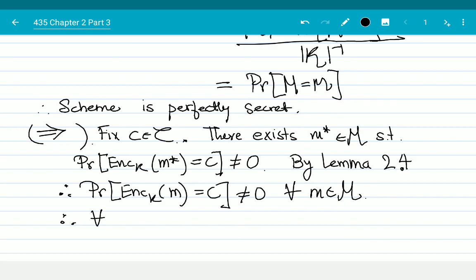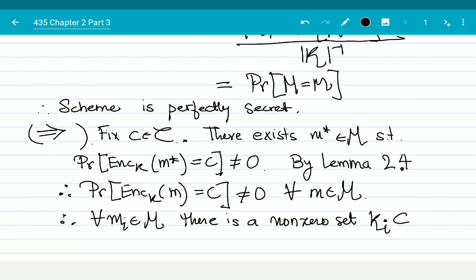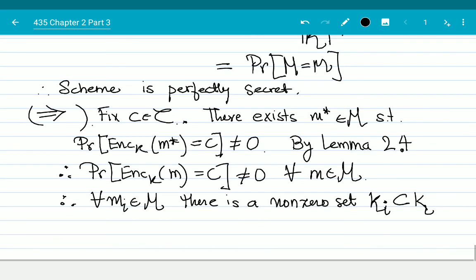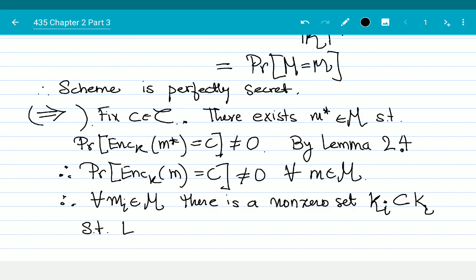Therefore for every mi belonging to M, there is a non-zero set Ki, which is a subset of K, such that encryption with K of mi is equal to c for every K belonging to Ki.